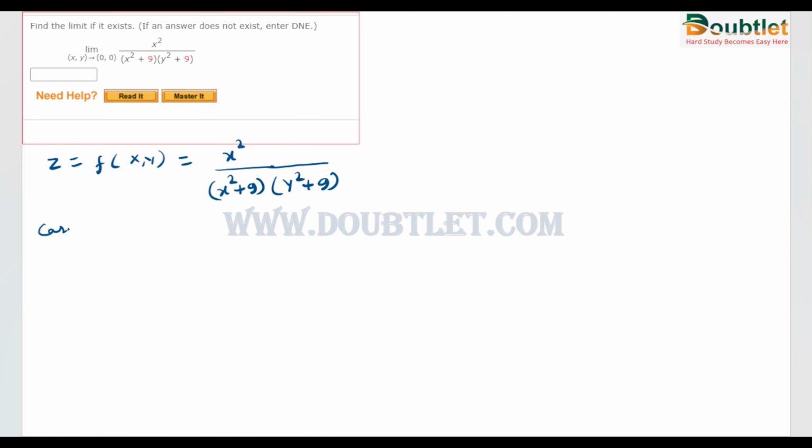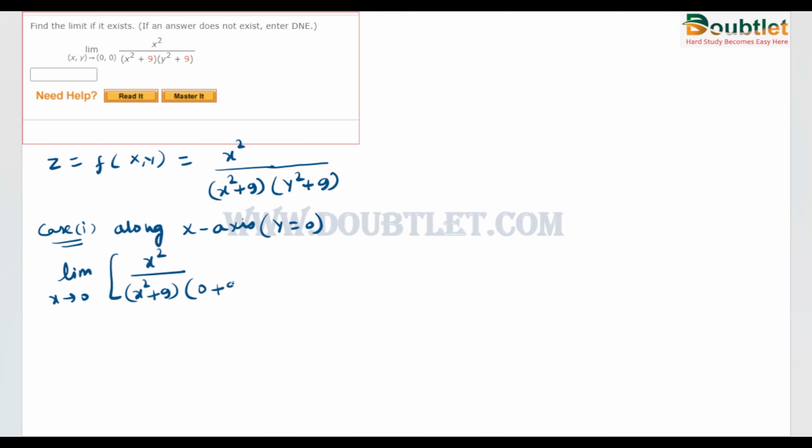Now if we consider the first case, we will move along the x axis. We can take any axis. For the x axis we know that we put y is equal to 0. So if we put y is equal to 0, the limit will become x tending to 0 of x square divided by x square plus 9, and it will become 0 plus 9 because we have already put the value of y is equal to 0.